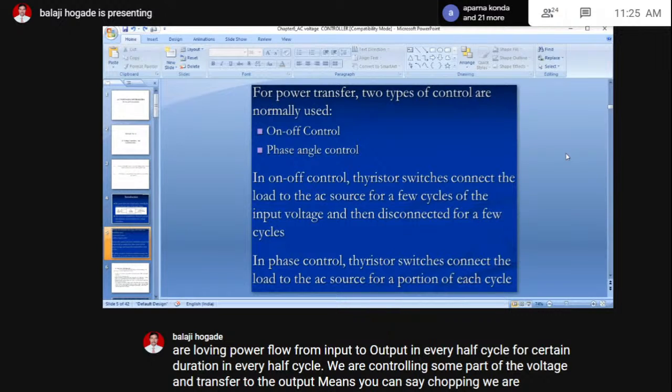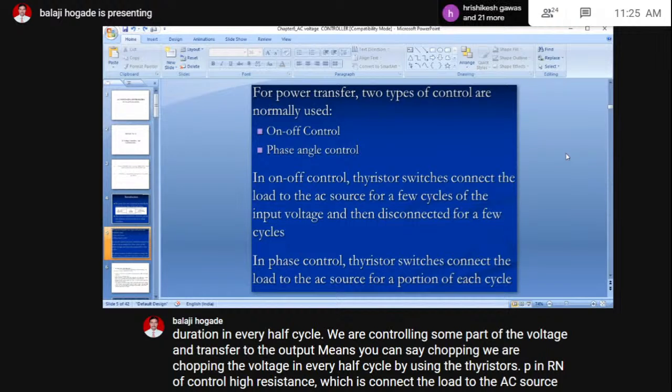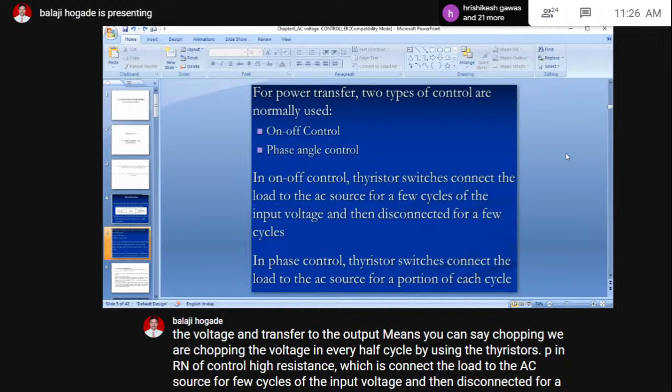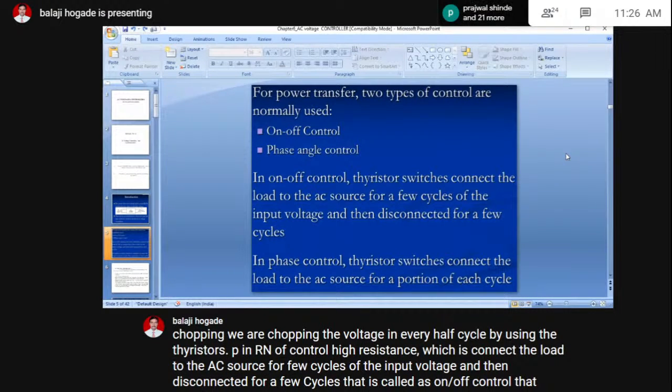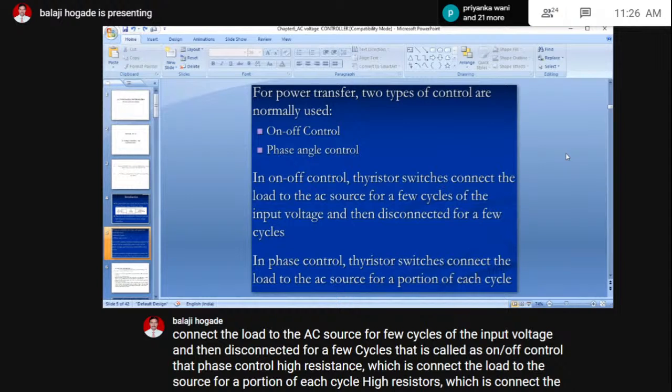See, in on-off control, thyristor switches connect the load to the AC source for a few cycles of the input voltage and then disconnect it for a few cycles. That is called on-off control. In phase control, thyristor switches connect the load to the AC source for a portion of each half cycle.